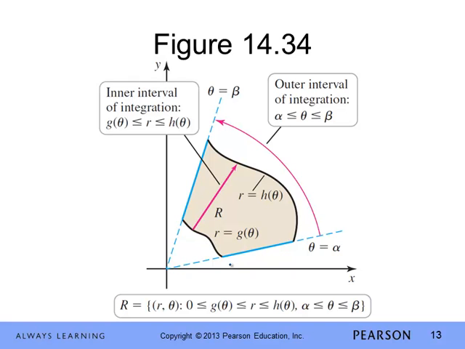Or you could take the equation that governs that polar curve and solve for r in terms of theta. So you could have a polar region that looks like this, where you have definite limits for theta, but r is going to vary between this lower curve and this upper curve.